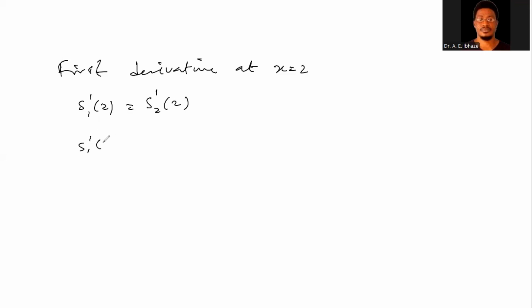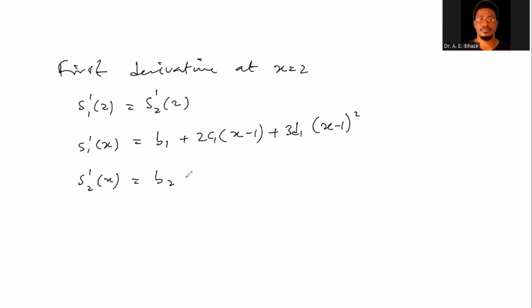The first derivative of S1 of x is given as B1 plus 2C1 into x minus 1 plus 3D1 into x minus 1 squared. And also, the first derivative of S2 of x is the same as B2 plus 2C2 into x minus 2 plus 3D2 into x minus 2 squared.